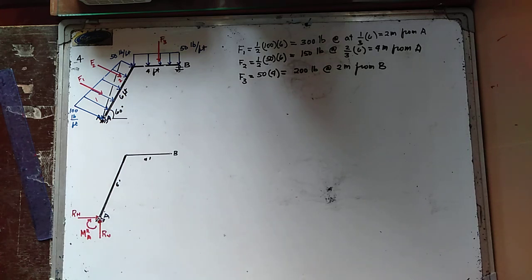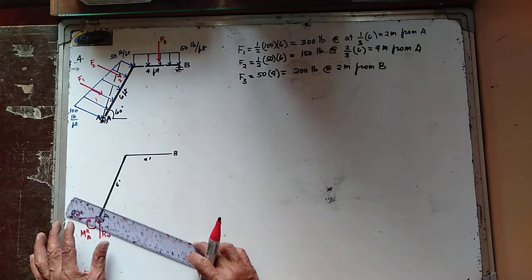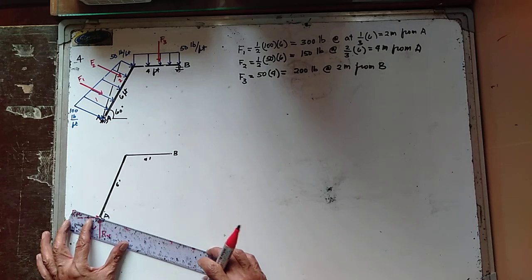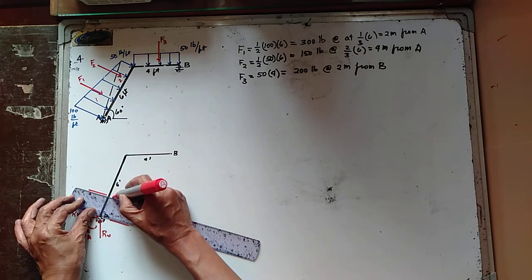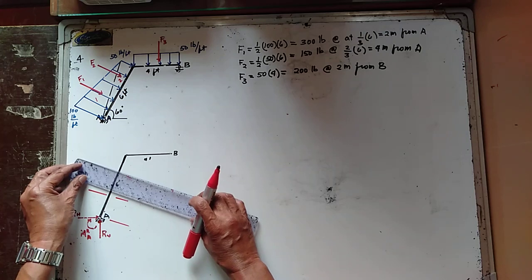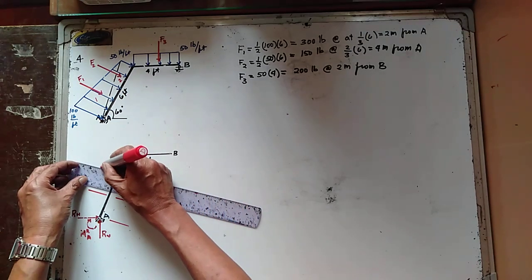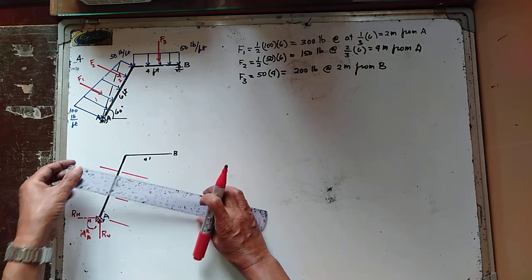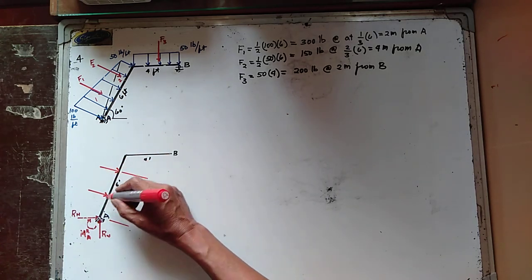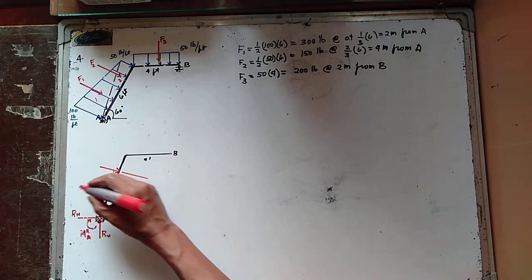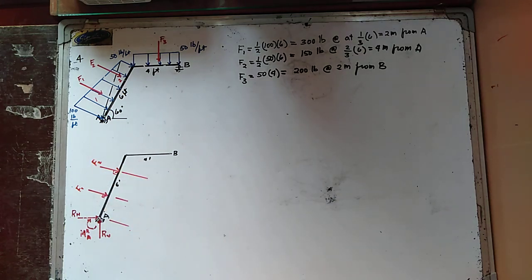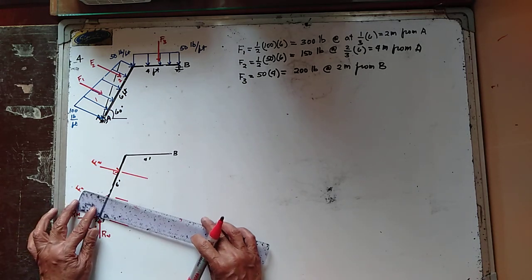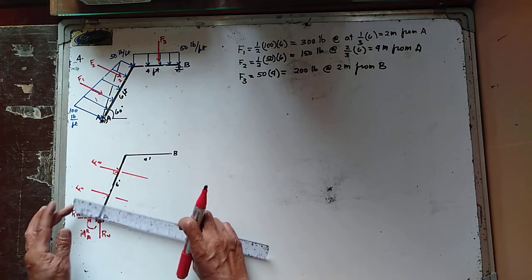Now, we have your F1, perpendicular, and then we have your F2. Both are 90 degrees to the member.